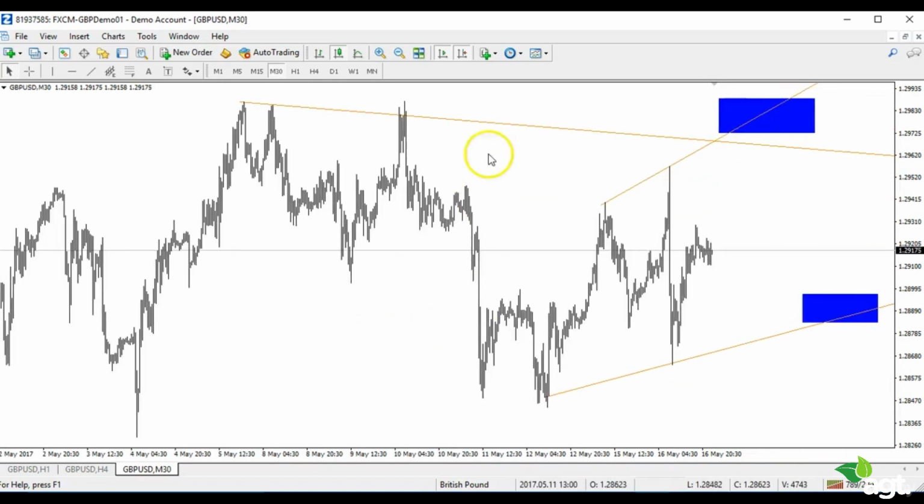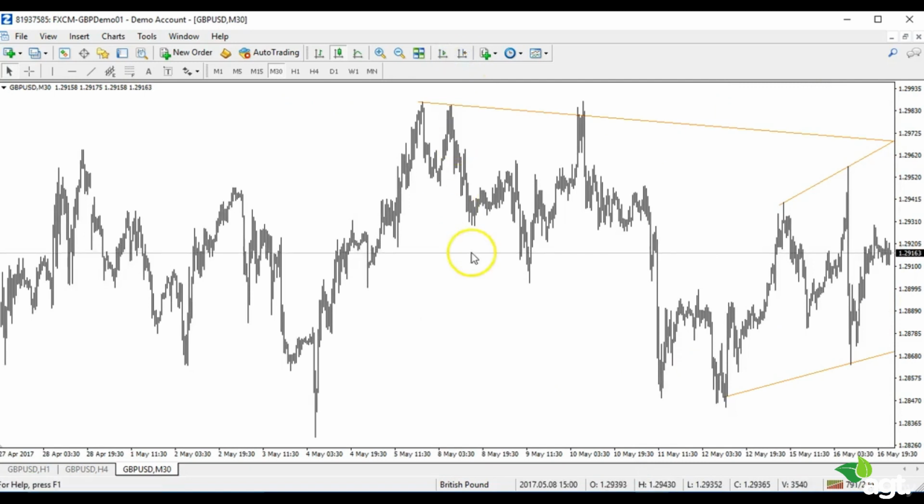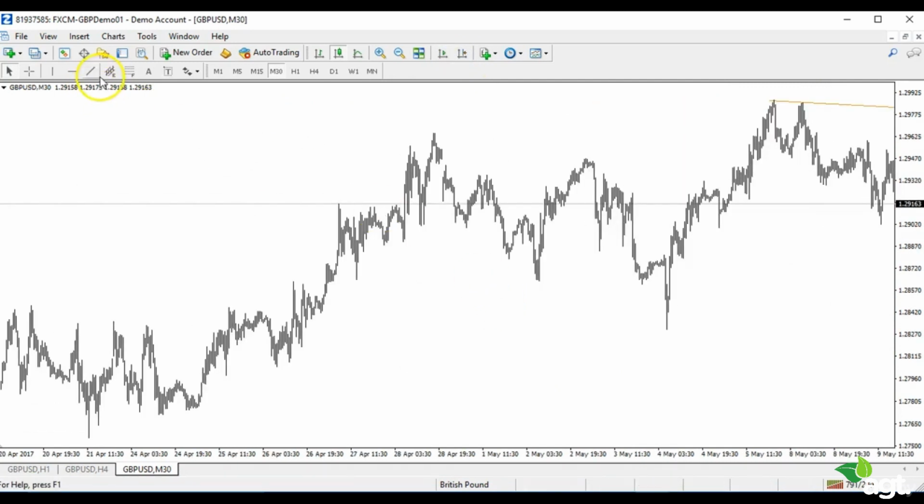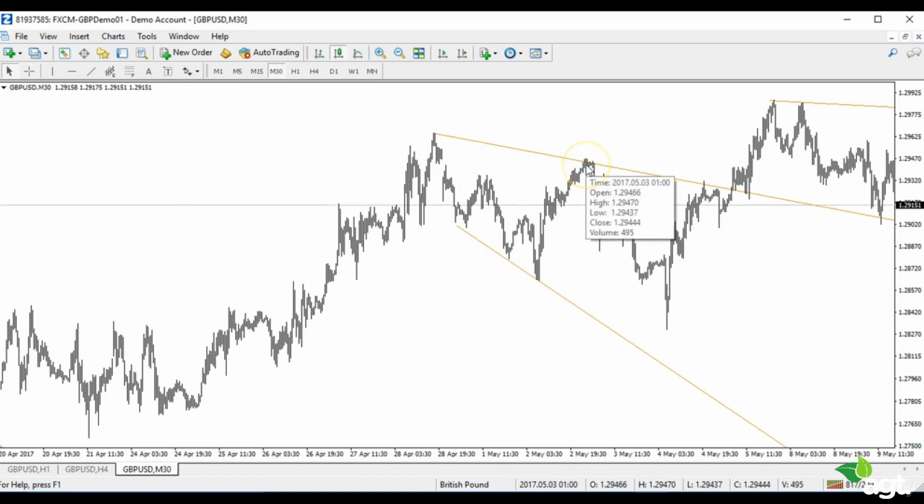And channels are patterns that you will find everywhere, okay? So here is another channel. This is a widening channel and it's known as a megaphone channel. Price started there, bounce 1, bounce 2 on the upper line.